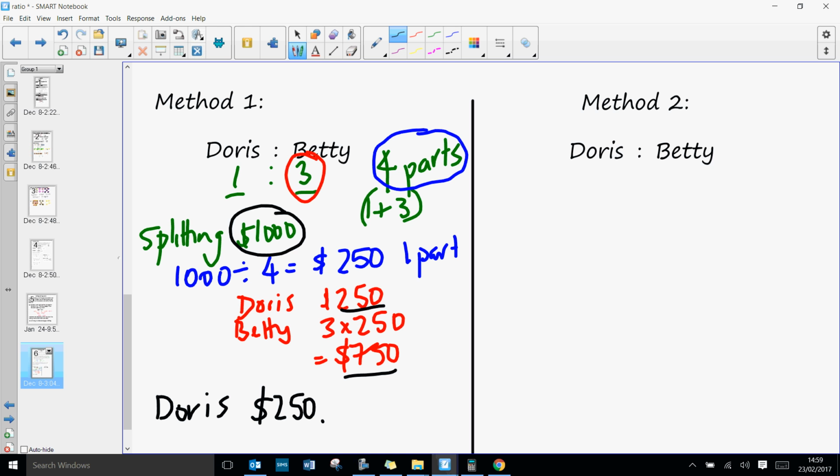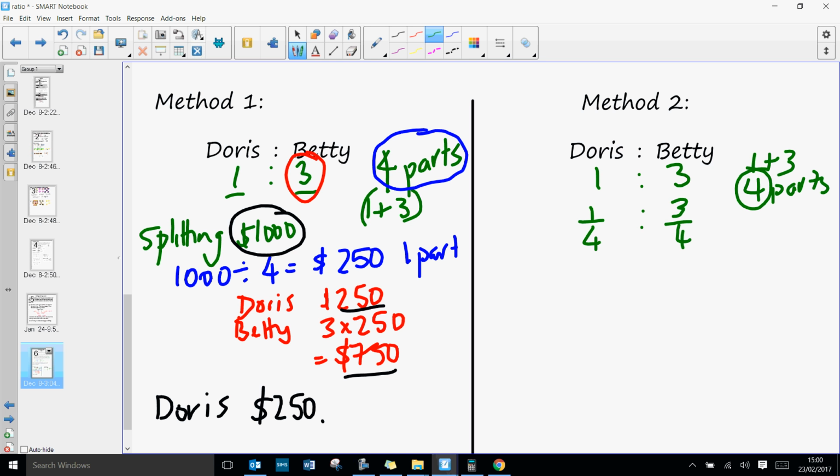Now the second method is very similar. As I said, we start off by saying it's a ratio of 1 to 3, and there are 4 parts total, which means that Doris is going to have 1/4 of the winnings because we have 4 parts total, and Betty will have 3/4 of the winnings because she has 3 of those parts.